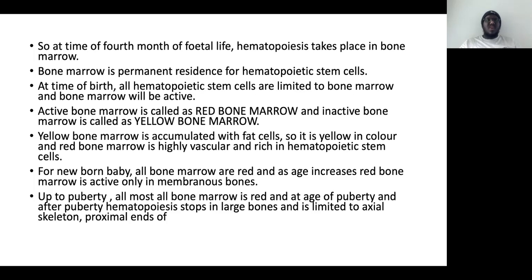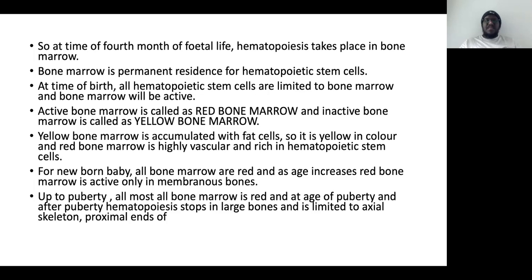Active bone marrow is called red bone marrow, and inactive bone marrow is called yellow bone marrow. Yellow bone marrow is accumulated with fat cells, so it is yellow in color, and red bone marrow is highly vascular and rich in hematopoietic stem cells. In a newborn baby, all bone marrow is red, and as age increases, red bone marrow is active only in membranous bones.